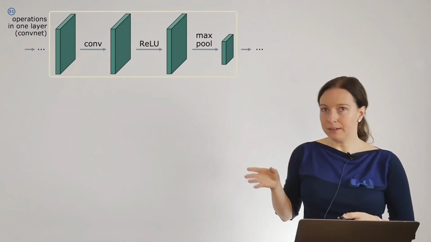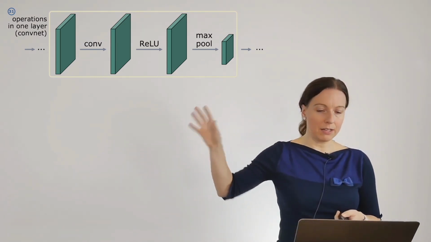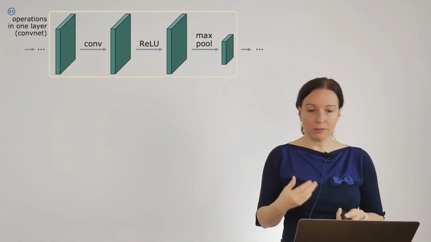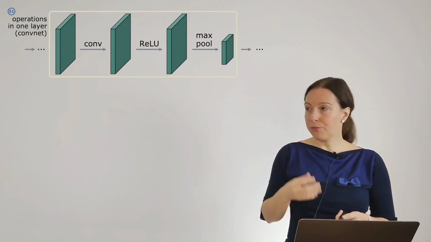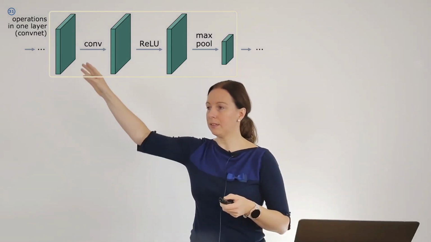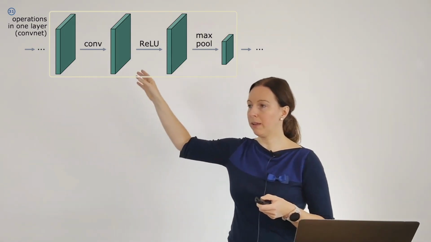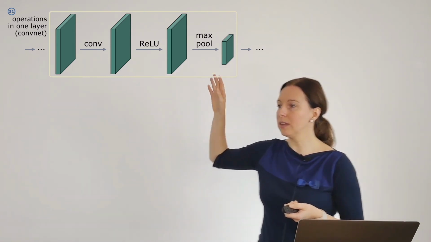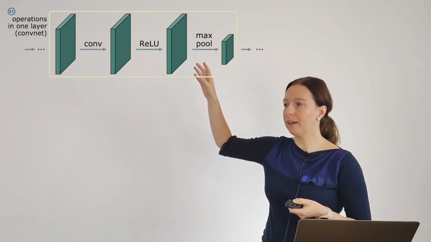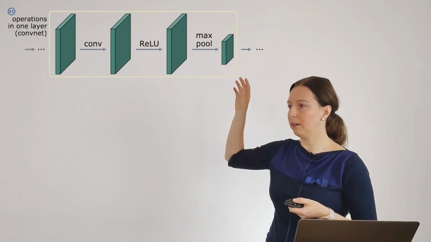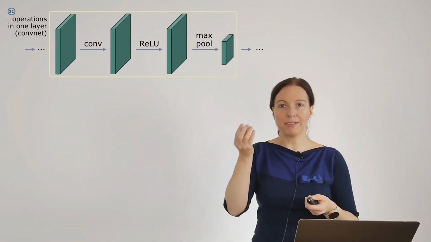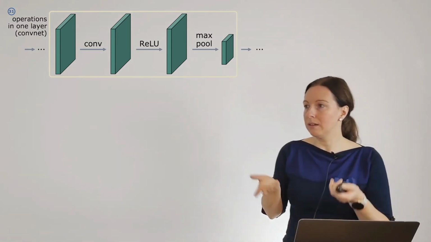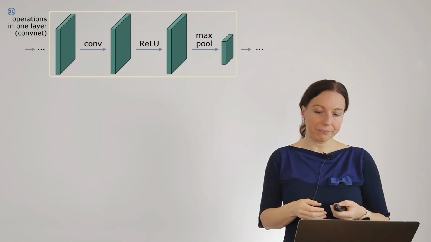So here's a simplified illustration with only one channel, that means a green block. What we do first is we have a convolution. Then we apply ReLU, which means nothing else than just cutting off all the negative values. Then we have a max pooling, which reduces the size by compressing the information. And this can be seen as one layer in the convnet.